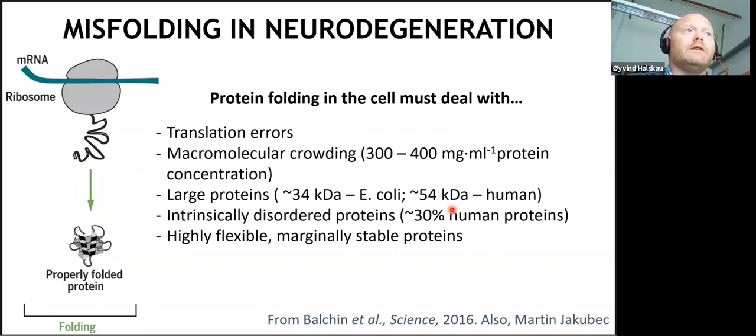There are large proteins for prokaryotes, with an average size of 34 kilodalton, bigger for humans or similar organisms. Many of these are intrinsically disordered proteins, or they have a weak fold. They don't fold strongly, meaning that they're prone to perturbations and maybe also then misfolding.